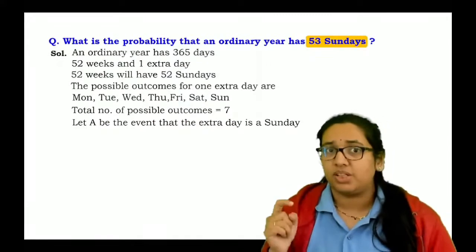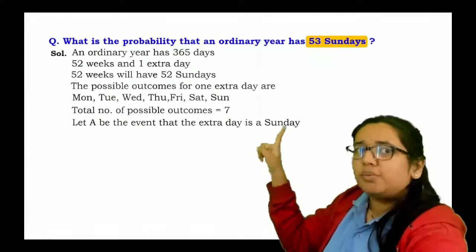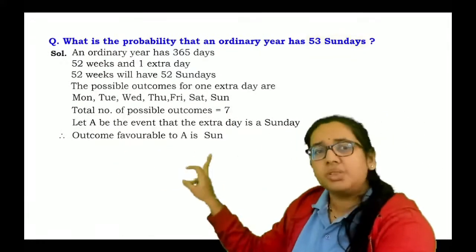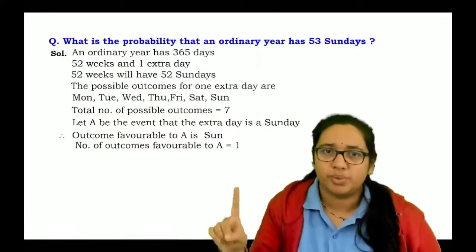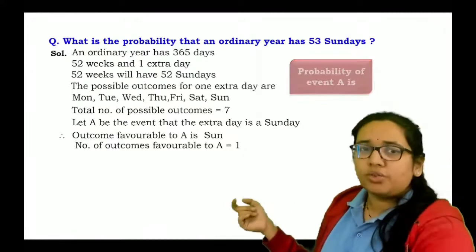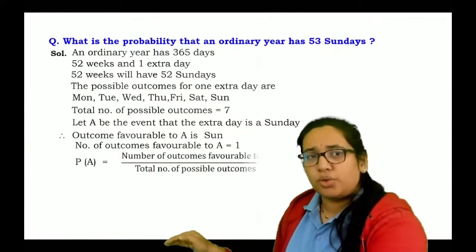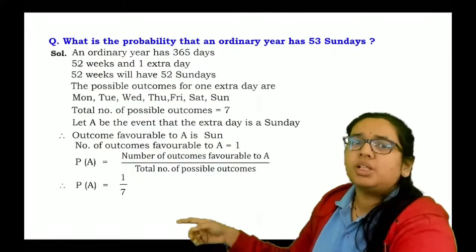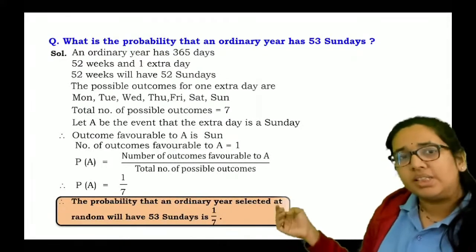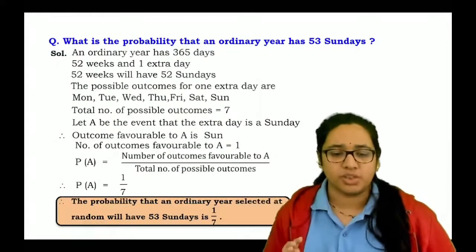If you want Sunday, that is the favorable outcome. If the favorable outcome is Sunday, then the number of favorable outcomes will be only one. Hence, the probability of event A will be the number of favorable outcomes divided by the total number of outcomes, which will be 1 upon 7. The probability that an ordinary year selected at random will have 53 Sundays will be 1 upon 7.